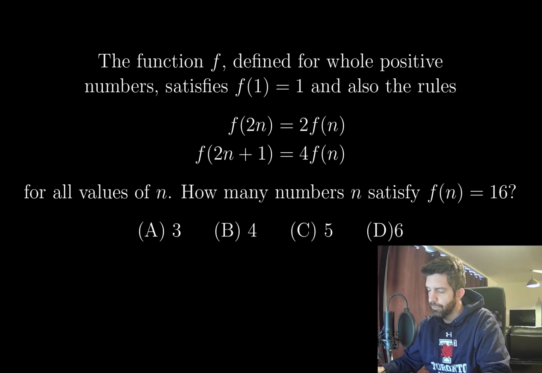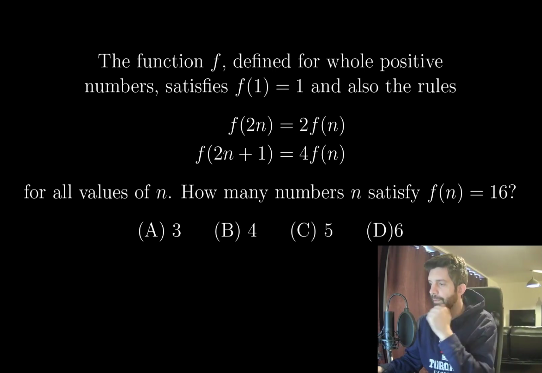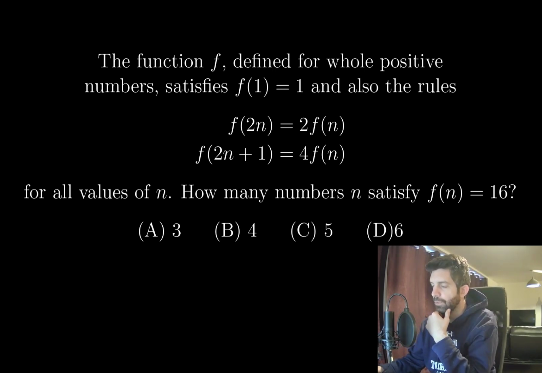So my first thought here was to just start computing all values of f. We're given f of 1. We can use the rules to compute f2, f3, f4, f5, and so on. But it might take a long time to figure out, and we may not really ever figure out how many values satisfy f of n is equal to 16.